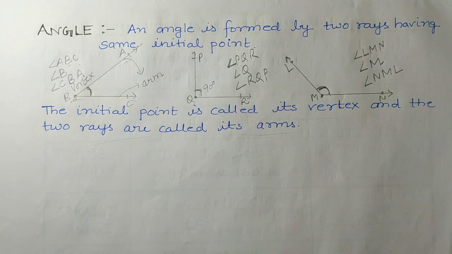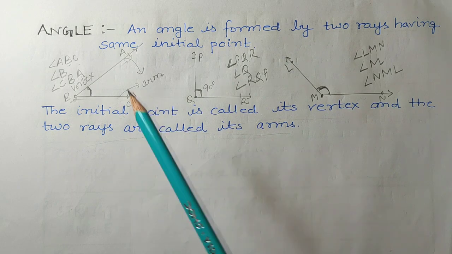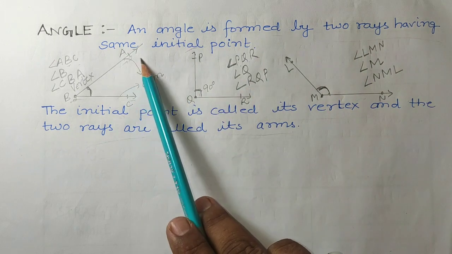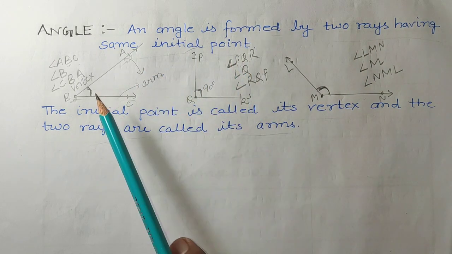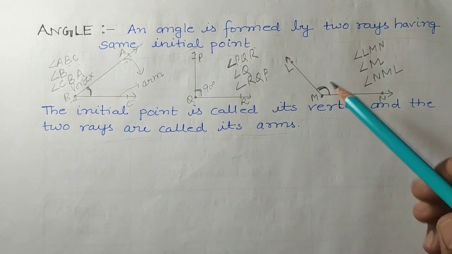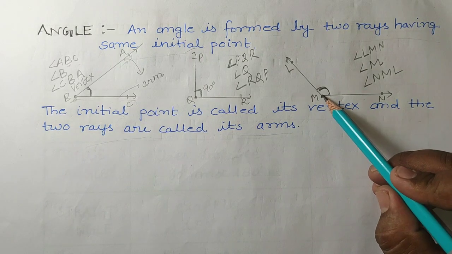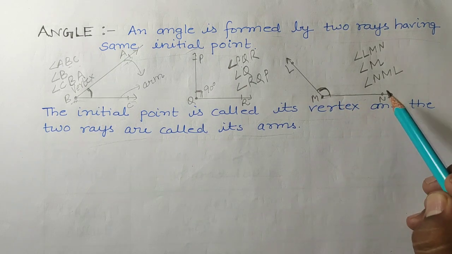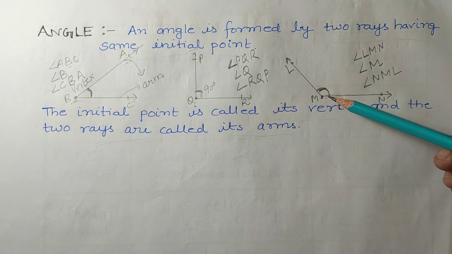After these three topics, students, I told you what an angle is. An angle is formed by two rays having a common initial point. Like here I have made three figures. In these figures, MN is a ray and ML is also a ray.